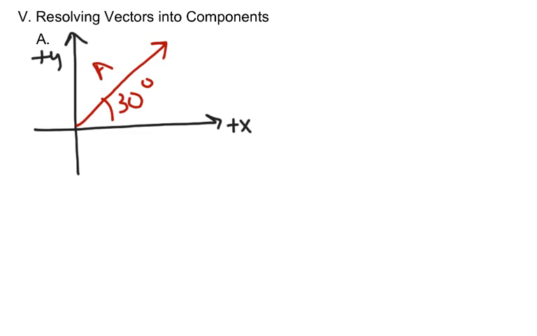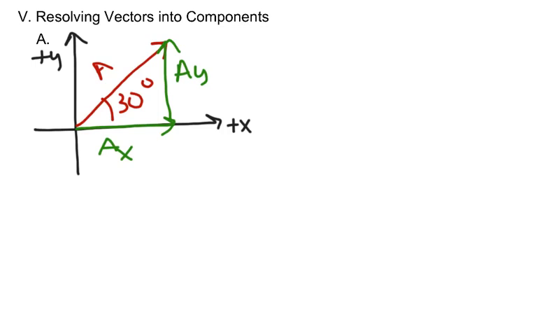What I'd like you to do with this vector is resolve it into components. In other words, I want an A sub x and an A sub y, and we're going to use trigonometry to find them.